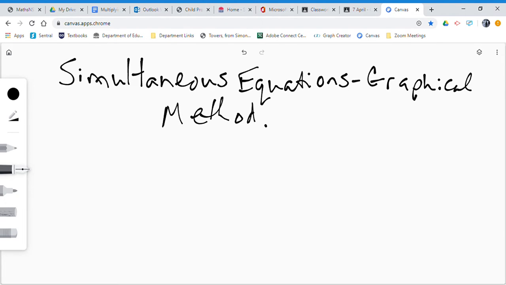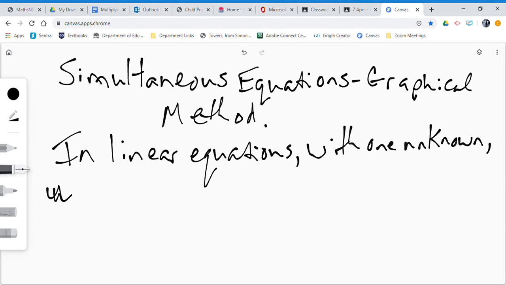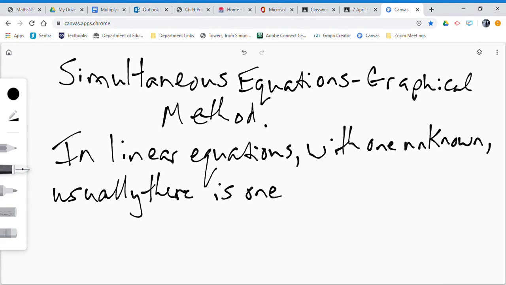All right, so in linear equations with one unknown, usually there is one unique solution.